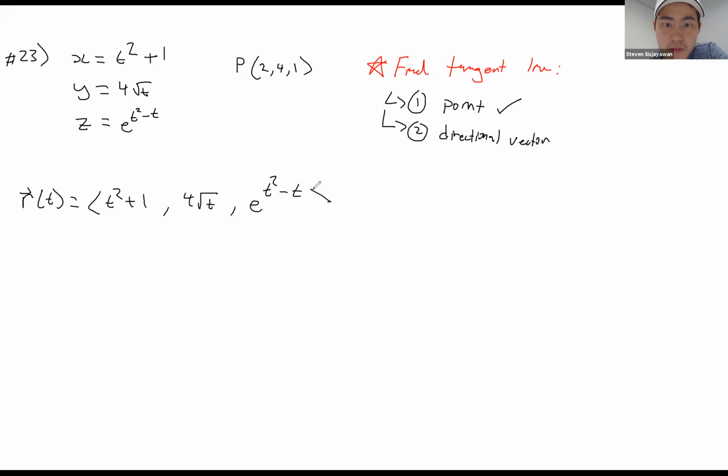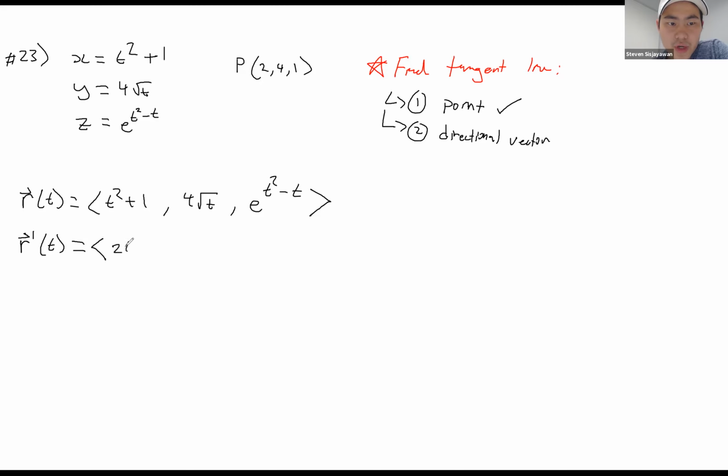Just like how we find tangent lines in Calc 1 and 2, it's the same idea. The first thing we need is the tangent vector, which is the derivative of this vector function r of t. Deriving this, we essentially get the derivative of each component.